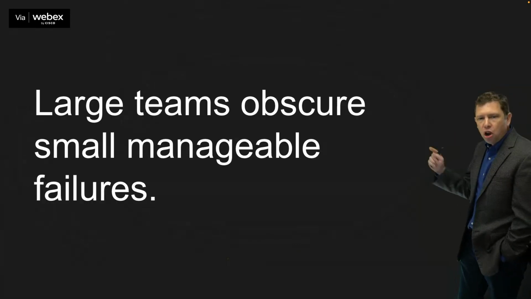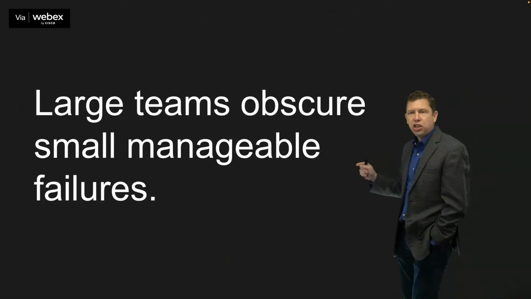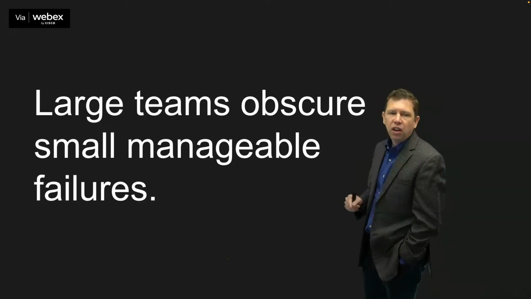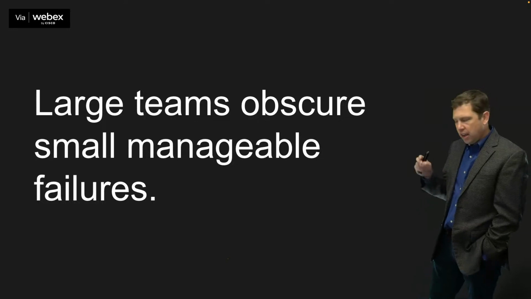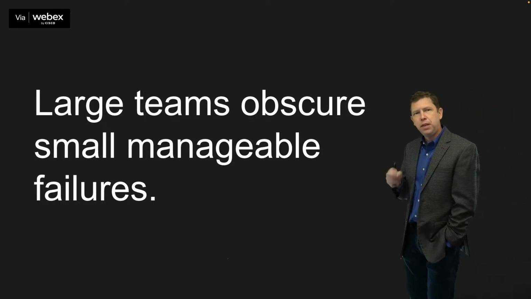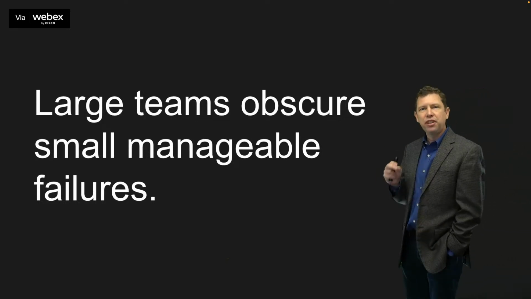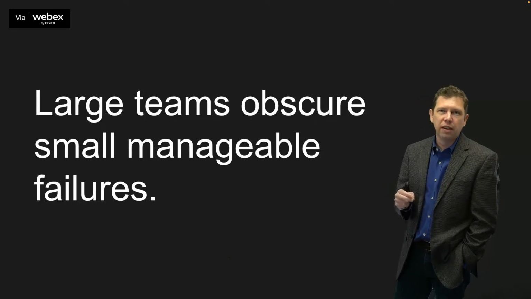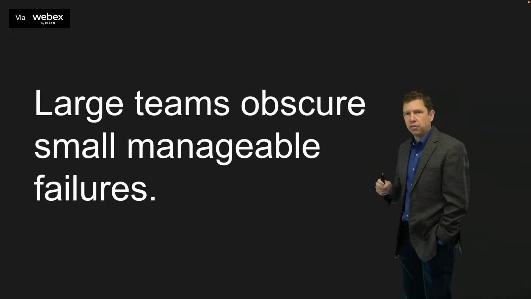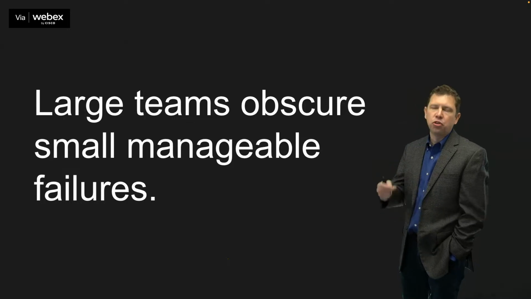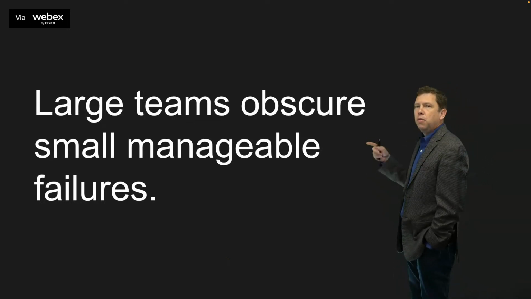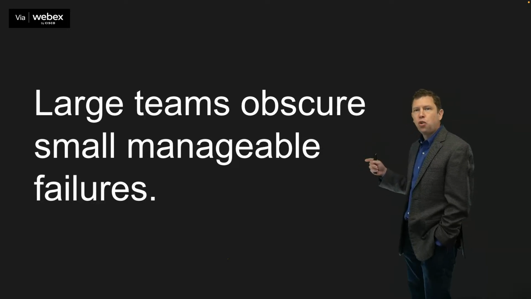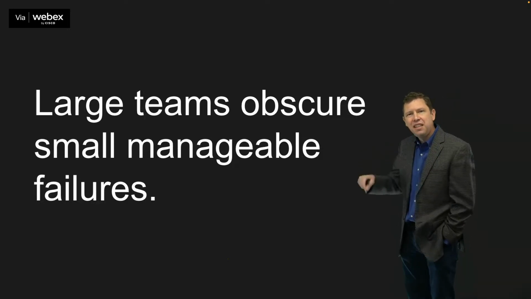Okay, so large teams obscure small manageable failures. If you're doing something with 5 people, it's a lot easier to tell if they're making progress or not. If you are unable to deliver something on a regular basis, iteratively, and show progress and show that you're being efficient with 5 people, scaling that up to 50 people is going to make it a lot harder to see the failure that's there.